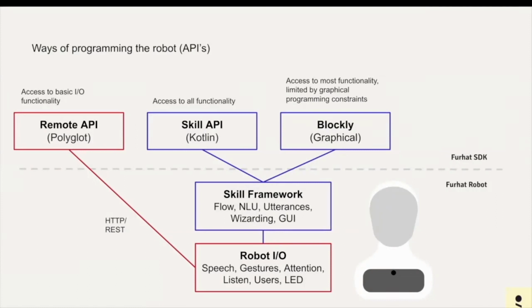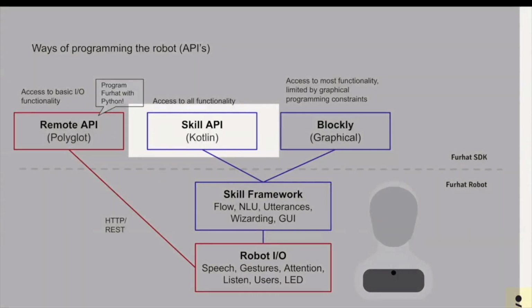The remote API accesses these basic functions directly of the robot. It is a RESTful API, so that means it's essentially polyglot. You can use any programming language to program these more basic commands to the robot. This also means, of course, that you can program the Furhat with Python.